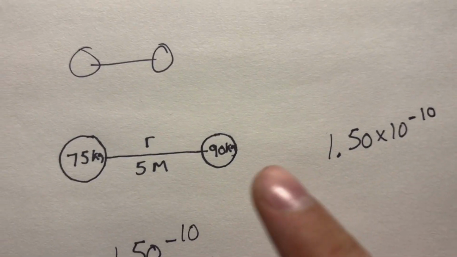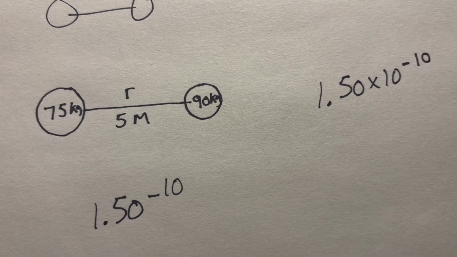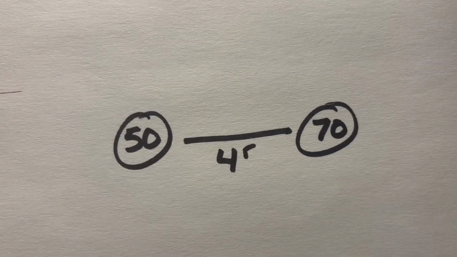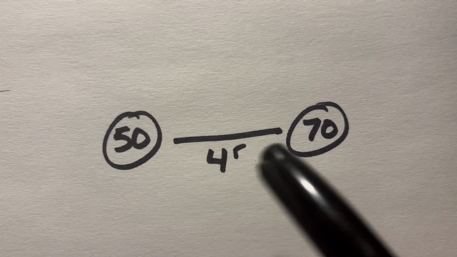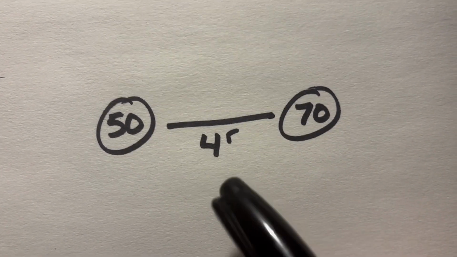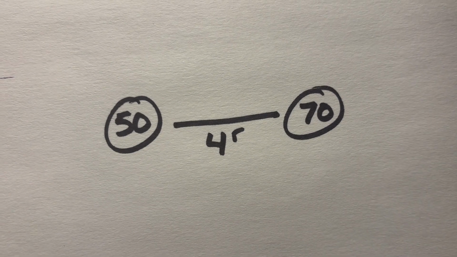Not these ones, but the 3 kilogram ones, I'm sorry. Let's say that we have two objects, one 50 kilograms and the other 70 kilograms, and they're 4 meters away.